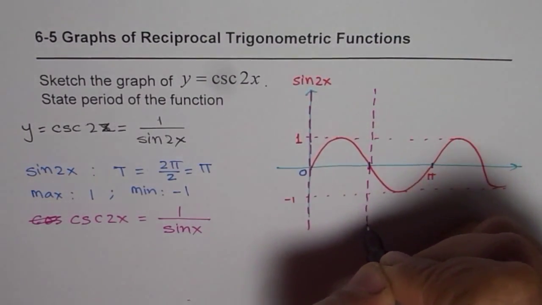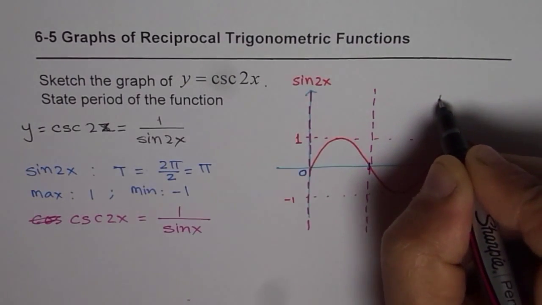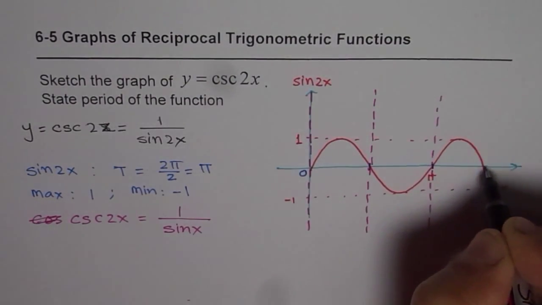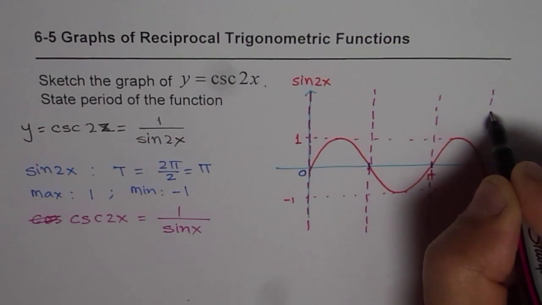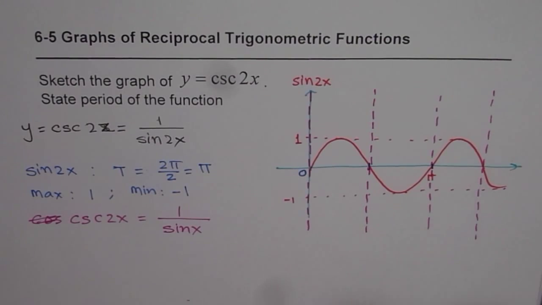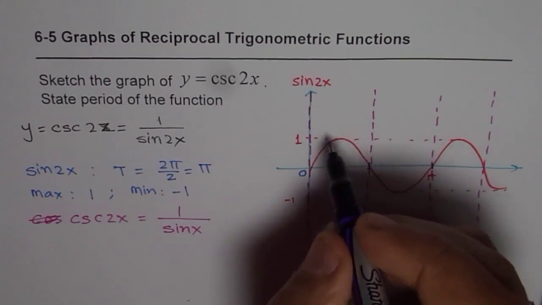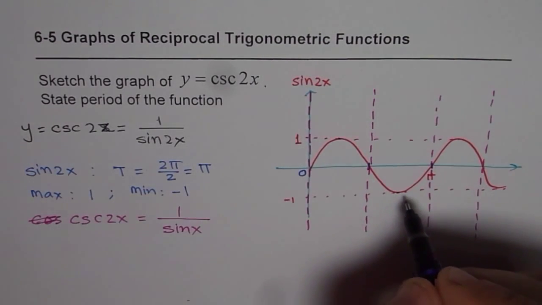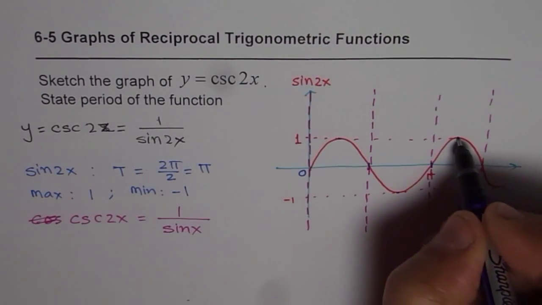So all these zeros on the graph of sine 2x will translate into vertical asymptotes for cosecant 2x, correct? Now, what is the reciprocal of 1? The reciprocal of 1 is 1, right? And what is the reciprocal of minus 1? It is minus 1. So these are invariant points, right?